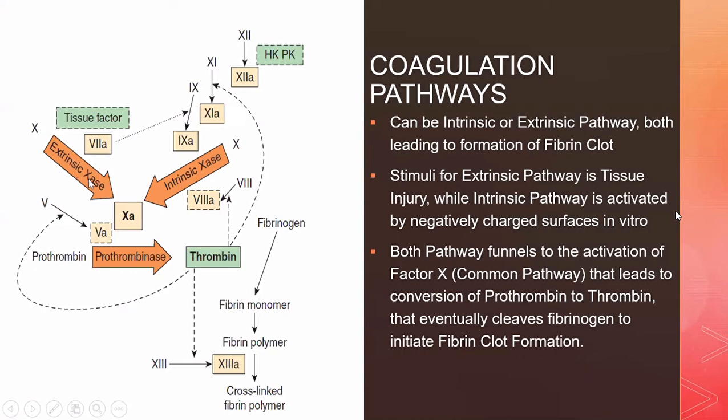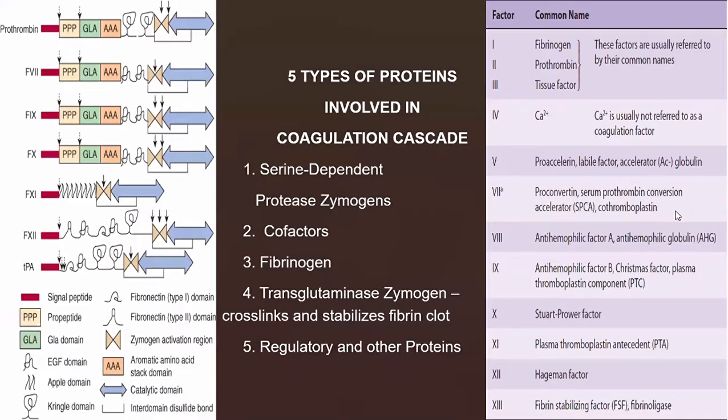Either extrinsic or intrinsic ang ma-activate, it would come to your common pathway that would lead to your fibrin mesh. Okay? It would promote meshing of your fibrin. That is the final product. So, as I was saying, there are 5 types of proteins involved in your coagulation cascade.